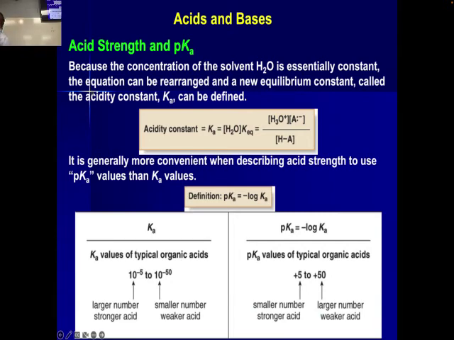So if I take the negative log of those two numbers, the negative log of 10 to the negative fifth is 5. The negative log of 10 to the negative 50th is 50. So when I look at pKa values, the smaller number belongs to the stronger acid.